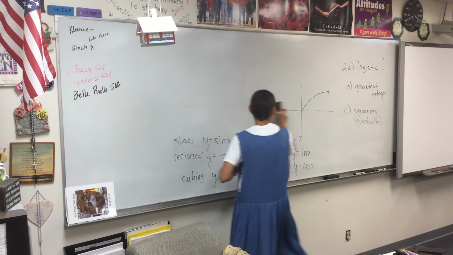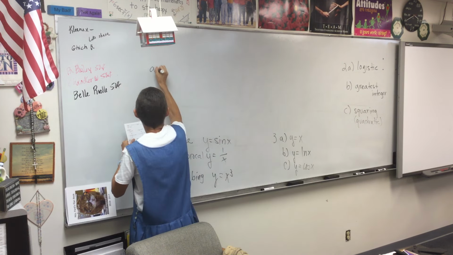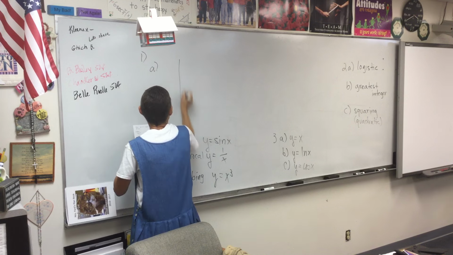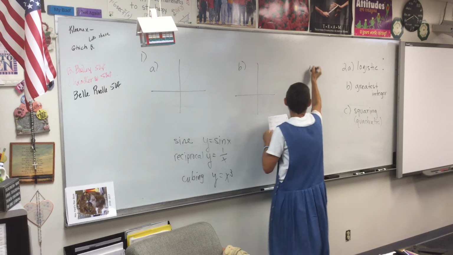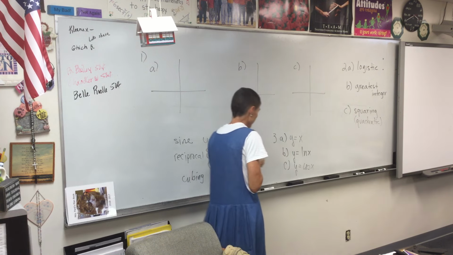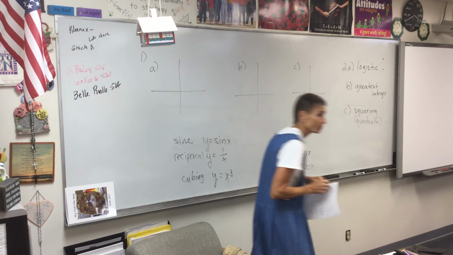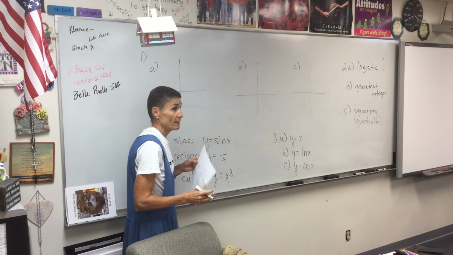Y equals x squared. So this is 1. What does y equals x squared look like? Picture.